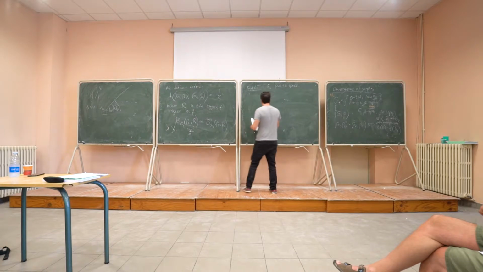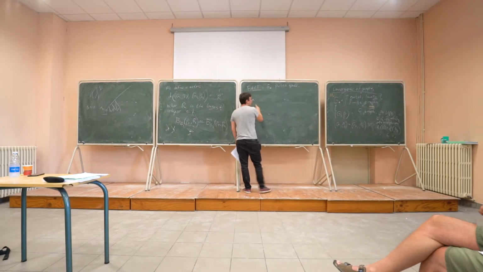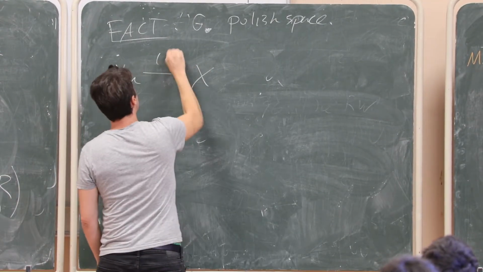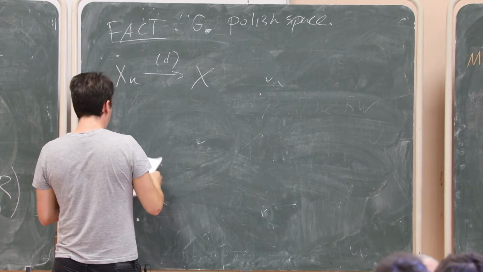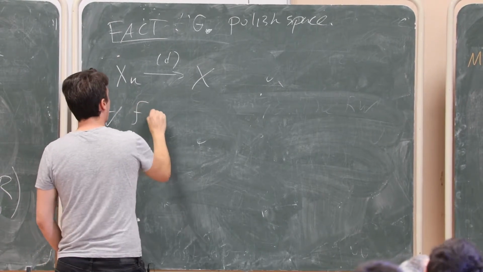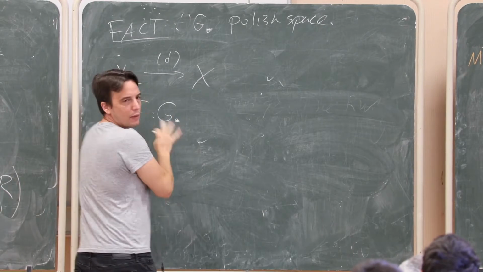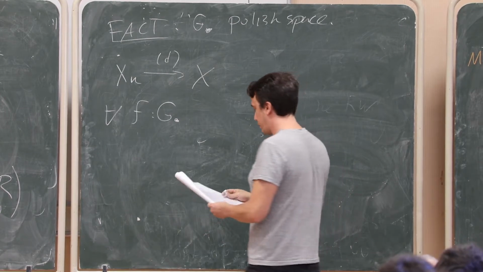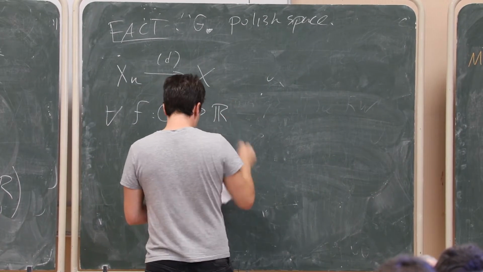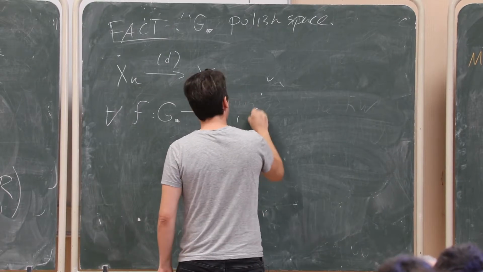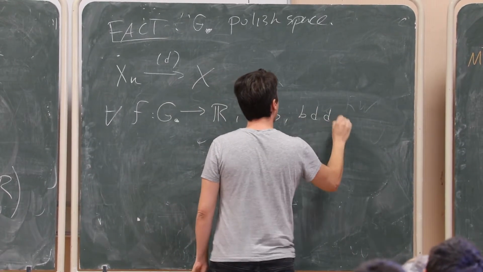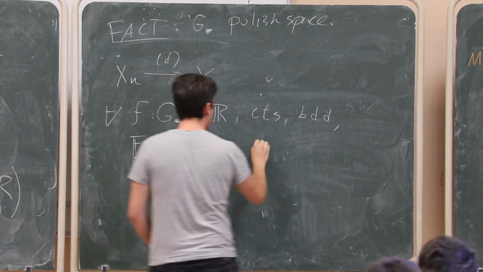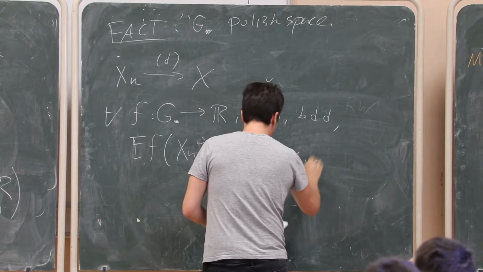So as usual, we say that X_n, a random variable taking values in this space, converges to X in distribution if for any function from G bullet, which I write instead of all of the other spaces that we can work with, to R that is continuous and bounded, the expected value of f of X_n converges to the expected value of f of X.